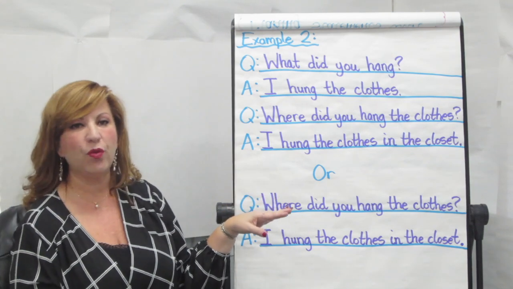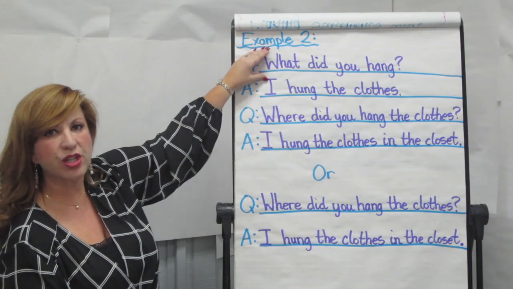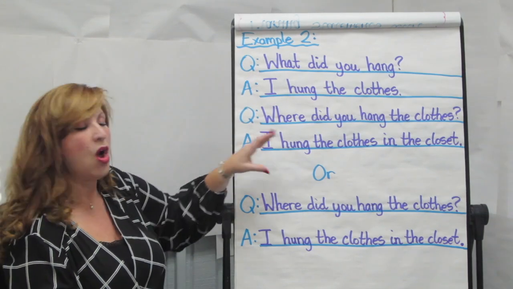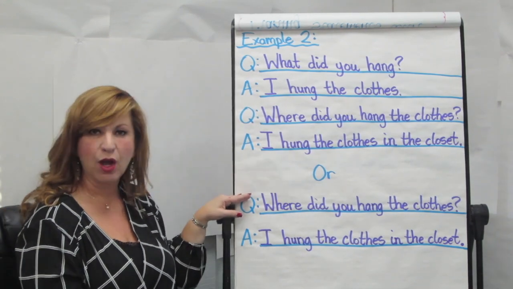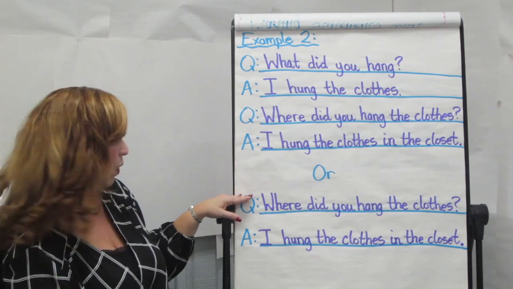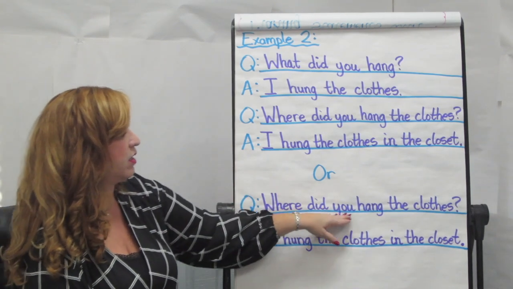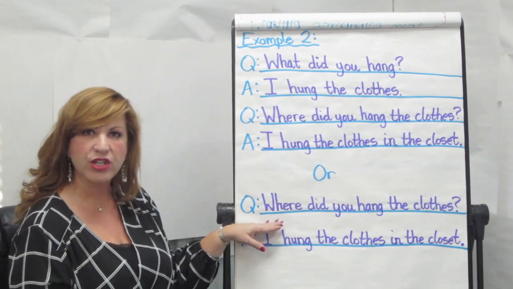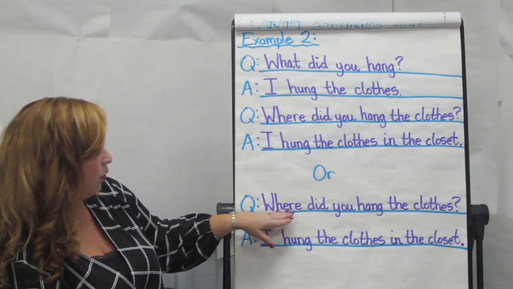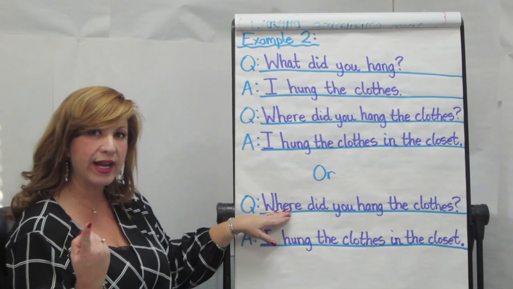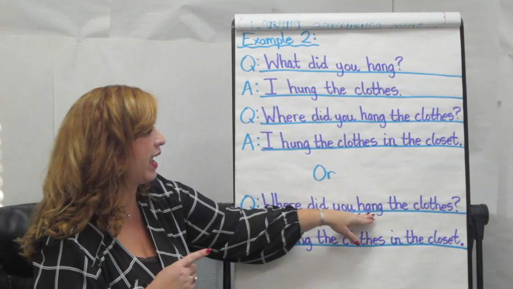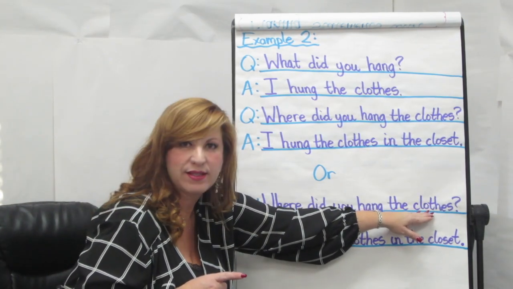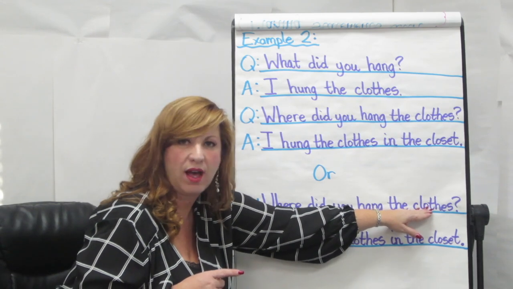So as I mentioned before, we have the what question and the where question. We could always answer them separately, or we can combine both questions into one question. Where did you hang the clothes? If we look at this question carefully, we could see where is asking for the location. However, did you hang the clothes is actually talking about the what, the object that was hung.